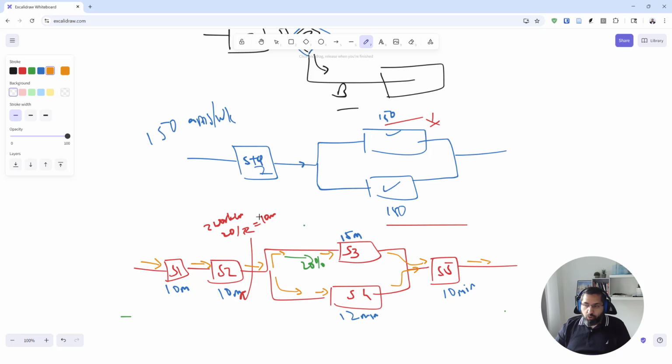It's just like the initial problem. For these orange applications, the bottleneck is going to be step 3, which has the highest cycle time. So the capacity for the orange applications, which need the credit check, is going to be 60 minutes over 15, which is 4 applications per hour, or 4 units per hour.